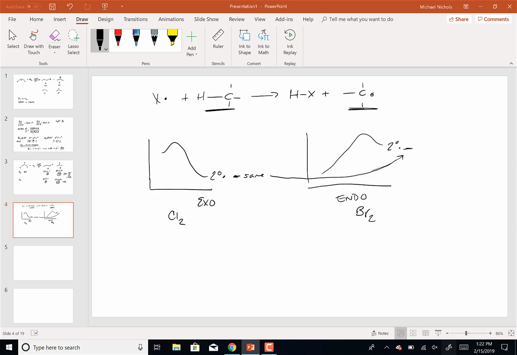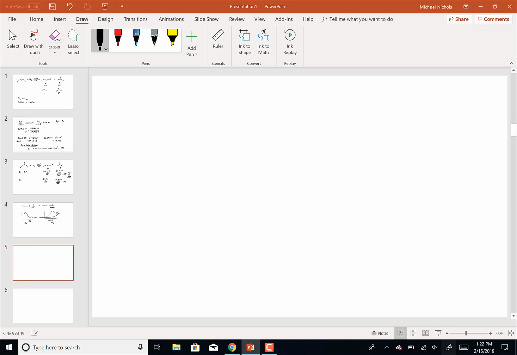Okay. So everybody with me so far? All right. Now let's drill down on this a little bit more. Let's take my exothermic reaction and say I'm going to form a primary radical, and then I'm going to form a secondary radical.